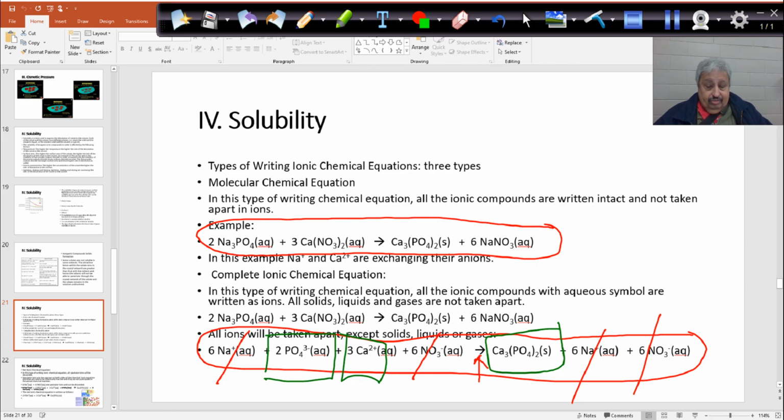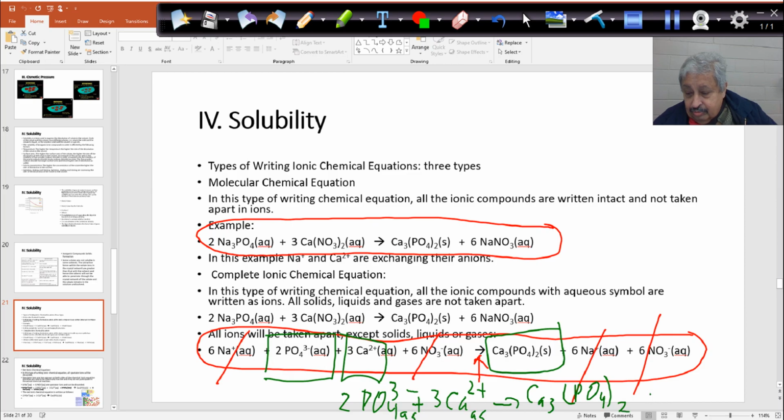So you add those two to get this, and those you can take out. Any questions? I can write it here for you: 2PO4 3 minus plus 3Ca2 plus aqueous will give us Ca3(PO4)2 solid, white solid. Okay, guys? So that's the net ionic equation.